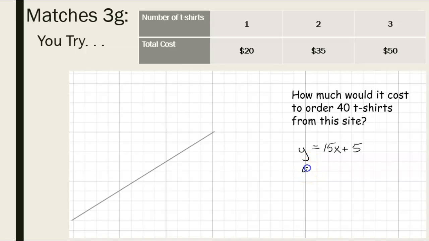Okay, so this should be y is equal to 15 times 40 plus 5. I know 15 times 4 is 60, and then with an extra 0, I'm looking at 600. Plus 5 is $605 for 40 t-shirts at that cost.